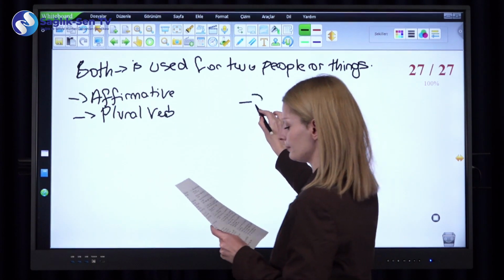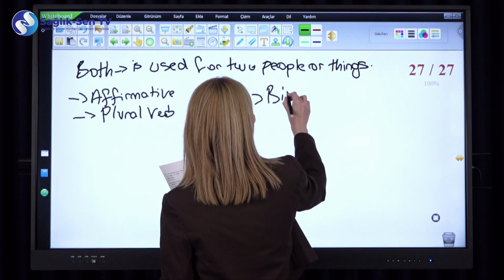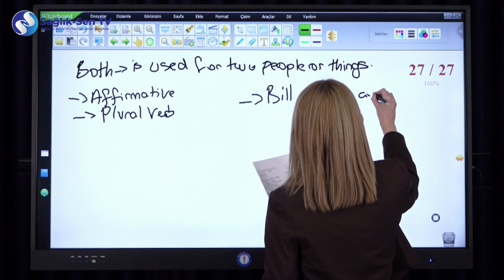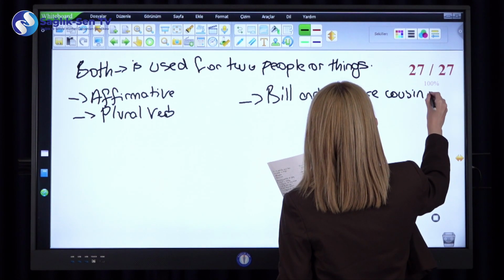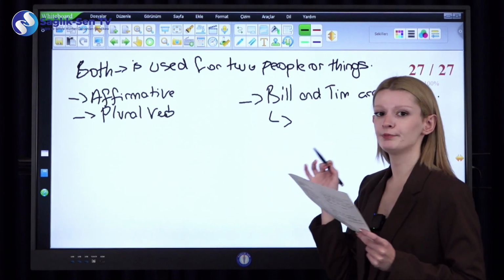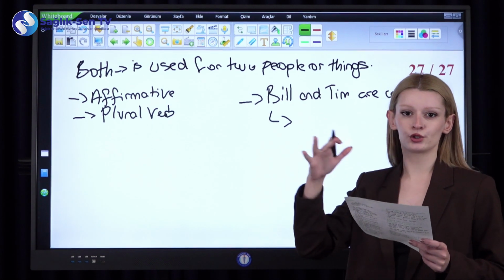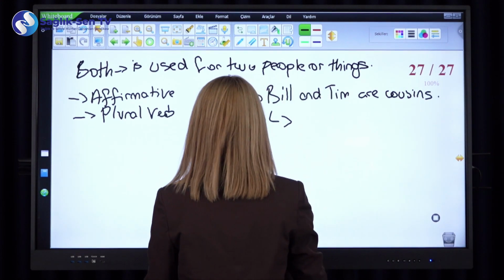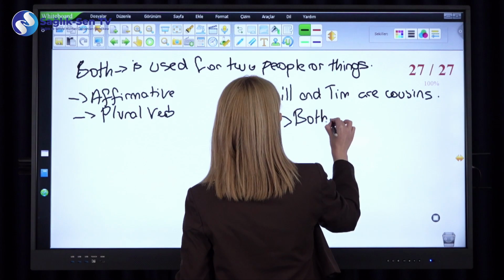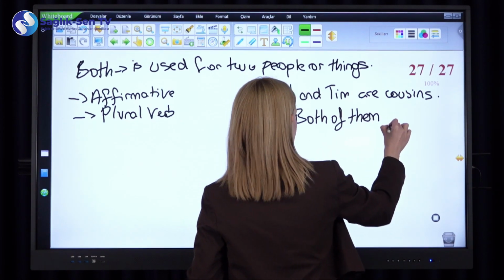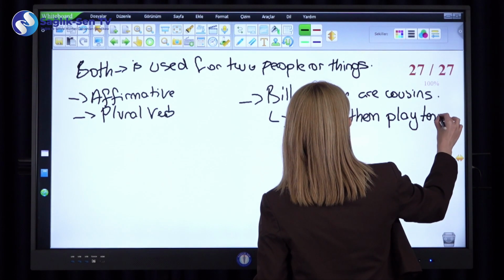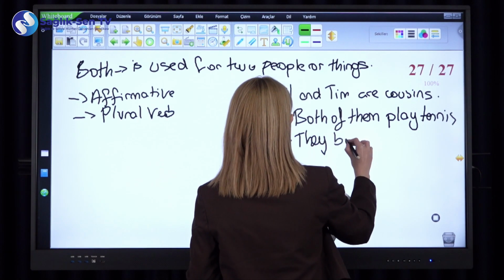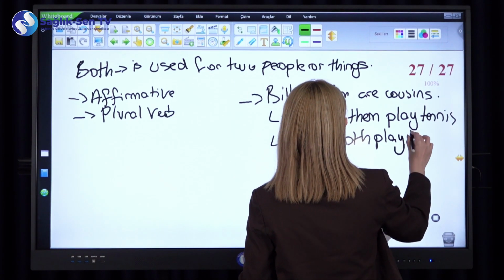Let's give an example. Bill and Tim are cousins. Now I want to say both Bill and Tim do something. I want to talk about both of them. I can say both of them play tennis, or I can also say the same sentence like this: They both play tennis.